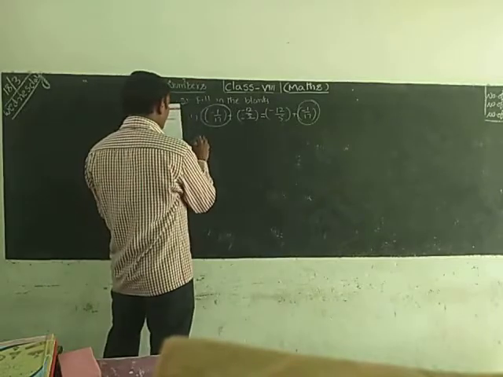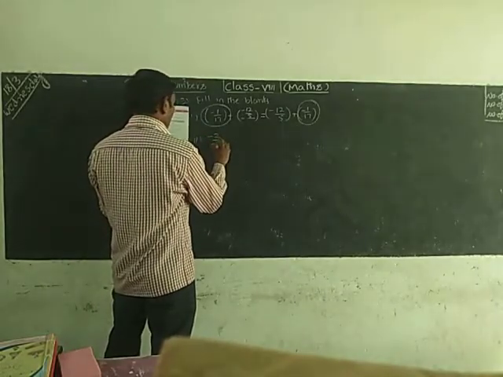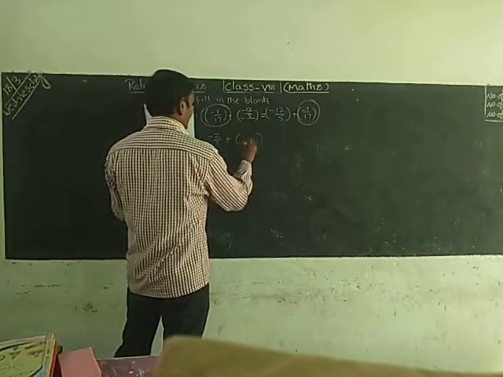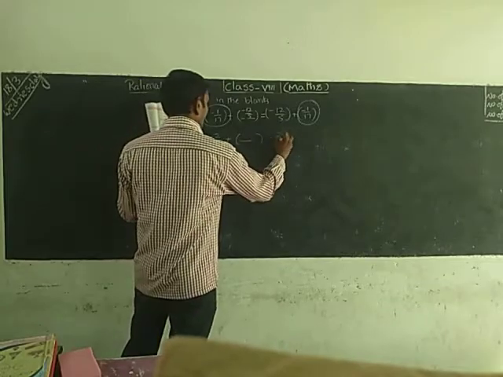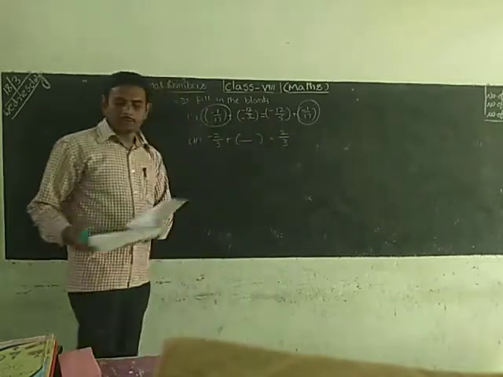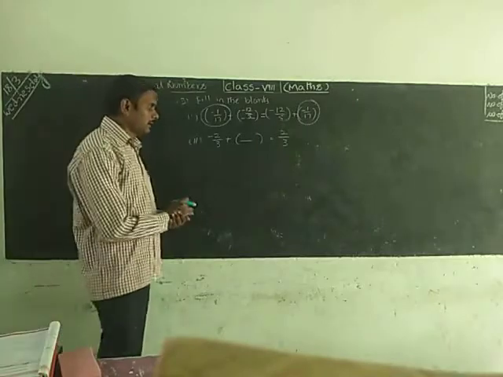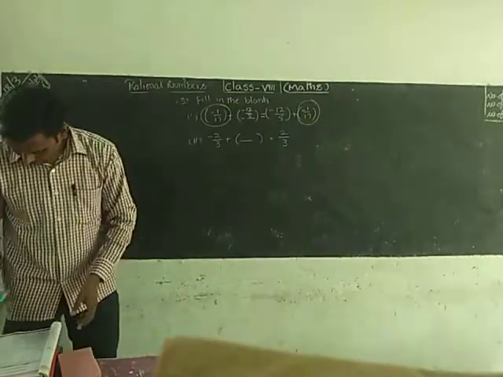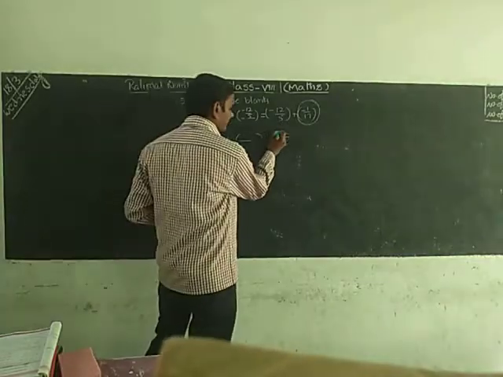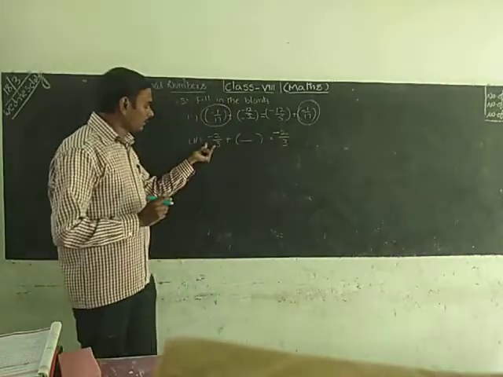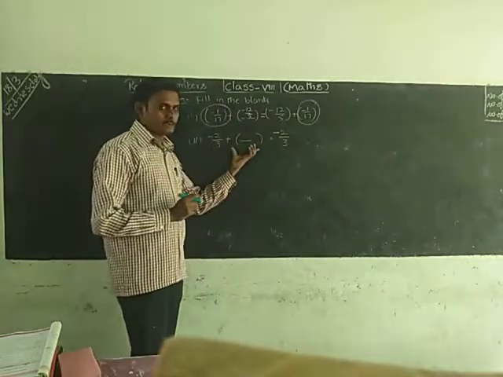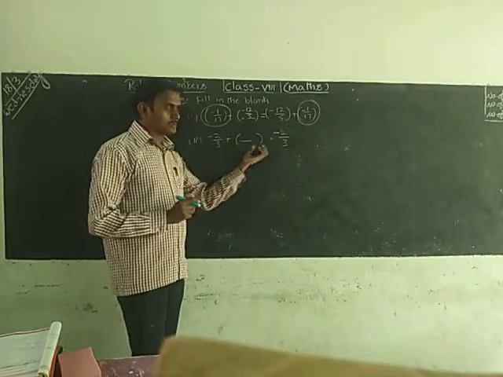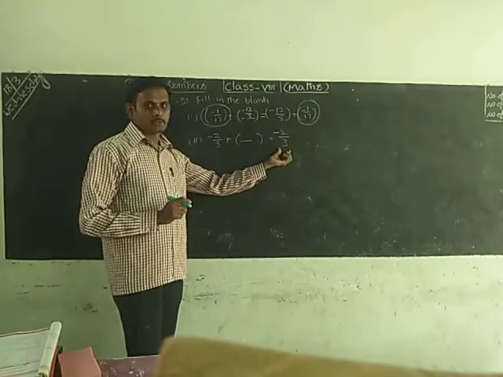Next, second one: minus 2 by 3 plus blank equals 2 by 3. If you observe here, what can we add? By adding two numbers, I got one rational number.